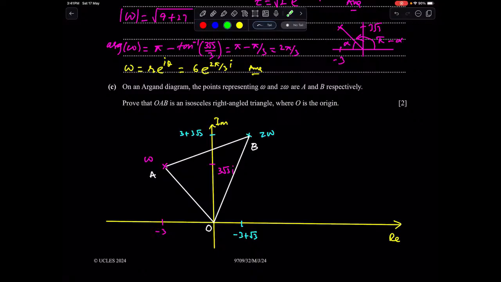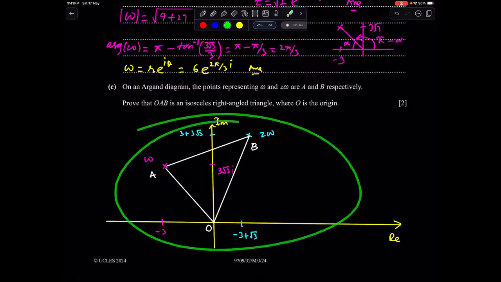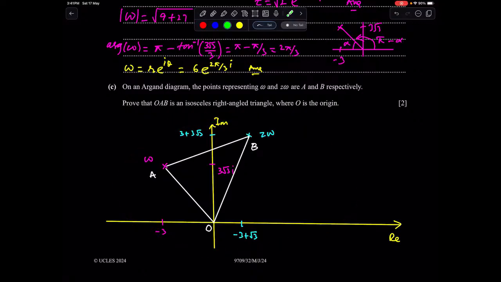Now we have to prove that this triangle is isosceles. For that, we have to find the lengths, this and this. See, this is the longest side, so this can't be the side of an isosceles triangle. So I'm finding the length of this one.